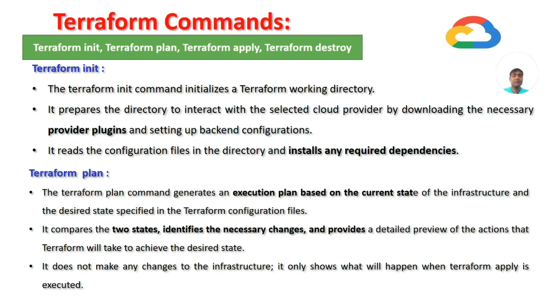Guys, it doesn't make any changes to the infrastructure. It only shows what will happen when the terraform apply command is executed. I hope now you can understand the function of the terraform plan command.